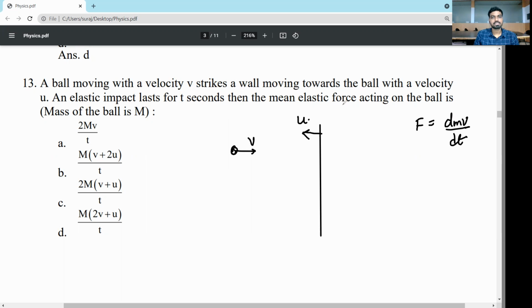Mass of the ball is given, m. I want the mean elastic force acting on the ball, so that means d(mv) by dt. Change in velocity I need to find. Mass is constant, so m times dv by dt. Initial velocity is v, final velocity we need to find.